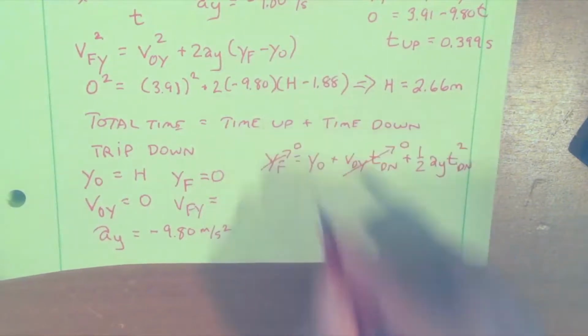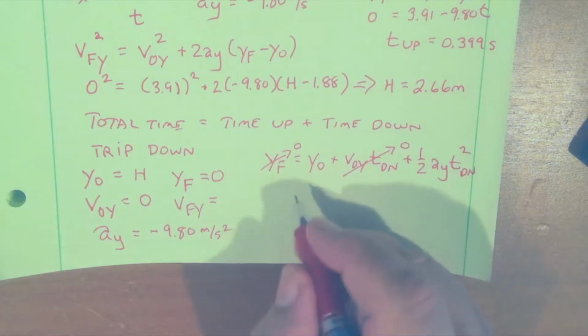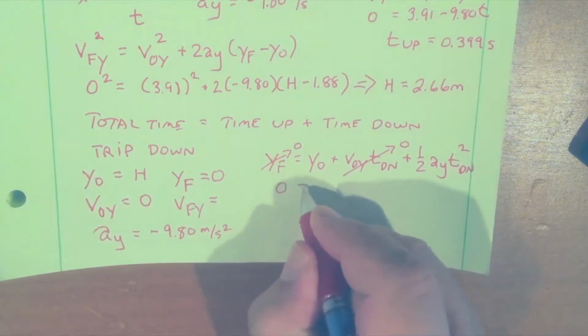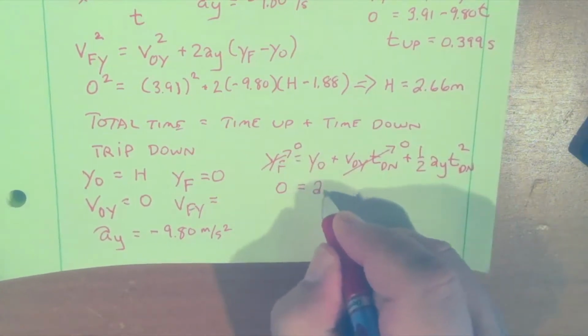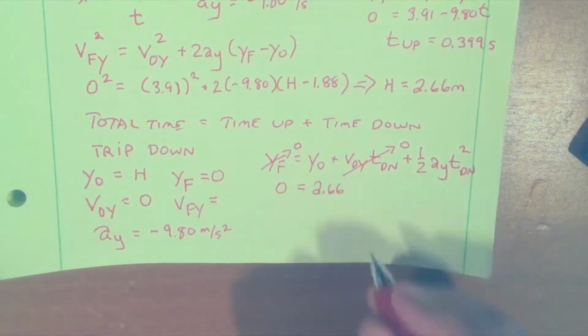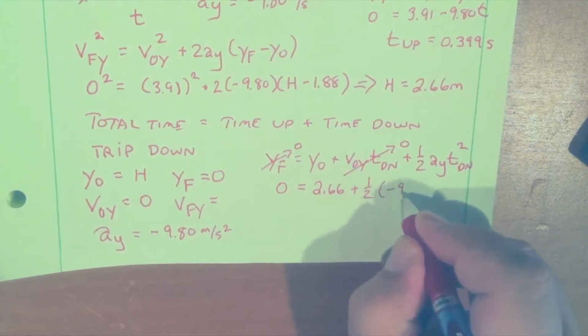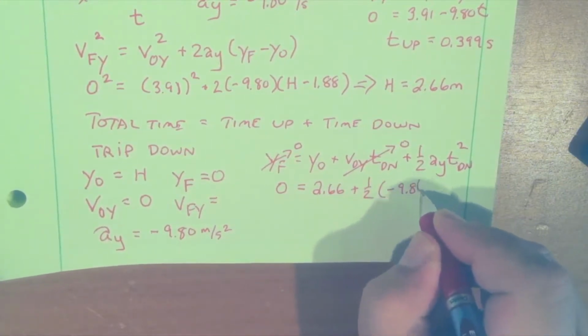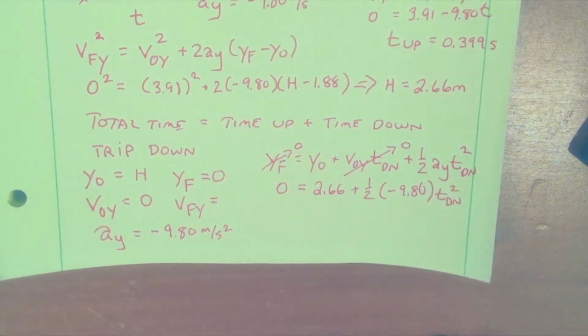This is also 0. And so we get 0 equals the height, 2.66, plus 1/2 times minus 9.8 t down squared.